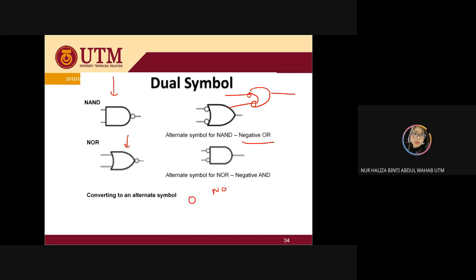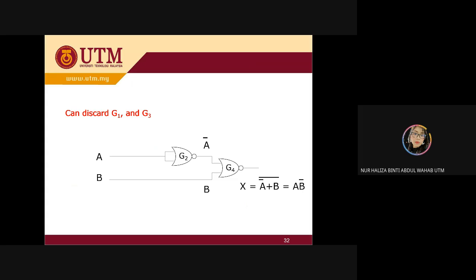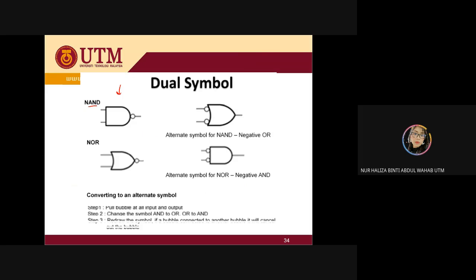It is a NOT. So NOT is a negative. This one is negative. You can also have a lot of NOT depending on how many inputs you have. Still, this is negative OR. Then, if you have the NAND gate like this one, it should be represented as a negative AND, right?